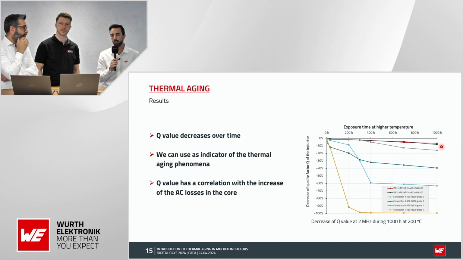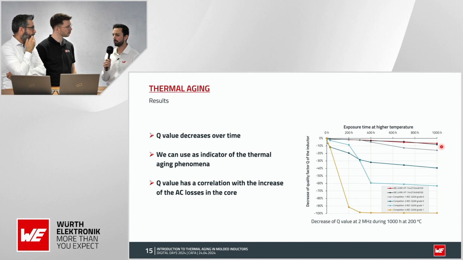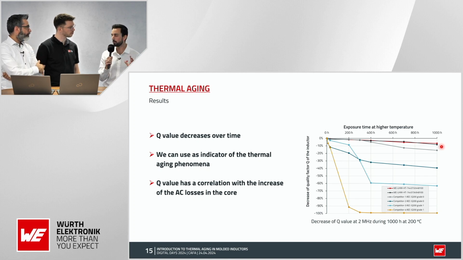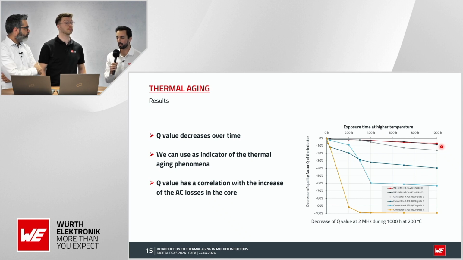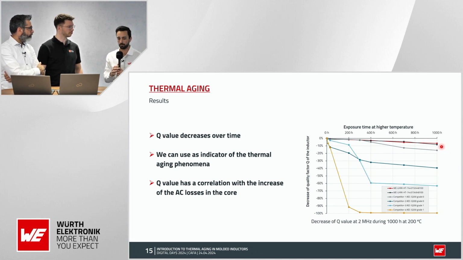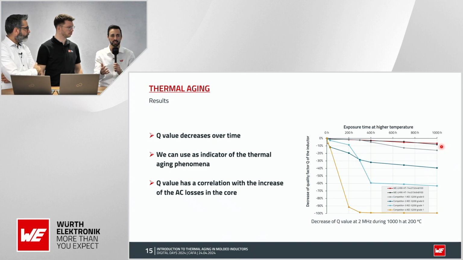So for example, if we go to 130 degrees, that would be a very high temperature for continuous operation. A part like this, to have some problems, it will take like 120,000 hours of operation before you can see any minimal change. And I say minimal because it's just 10%.